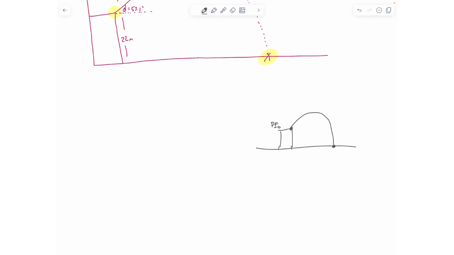Because it's 22 meters up, and our reference point is the ground, compared to the ground it has a plus. It's up 22 meters. Now, it also has some kinetic energy.